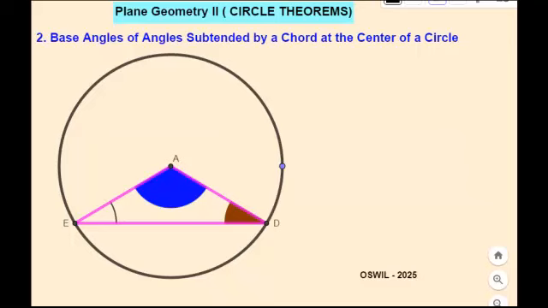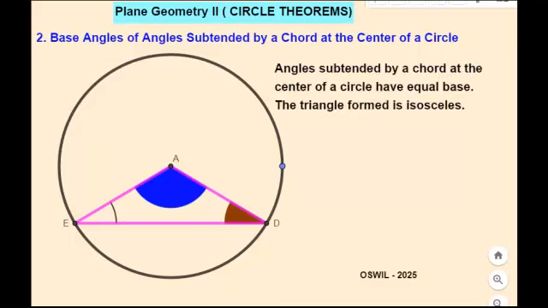So let's see what the theorem states. The theorem or the property states that angles subtended by a chord at the center of a circle have equal base angles. So it means that the bases are equal.